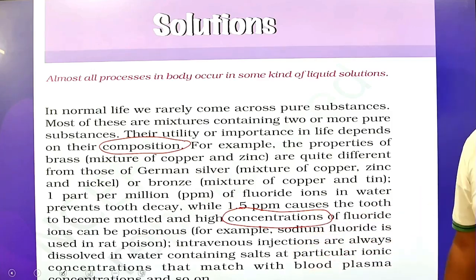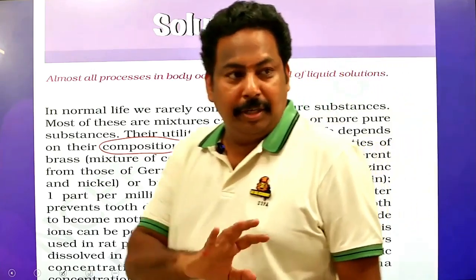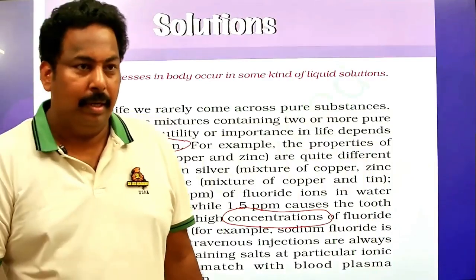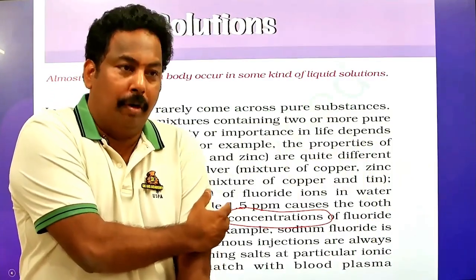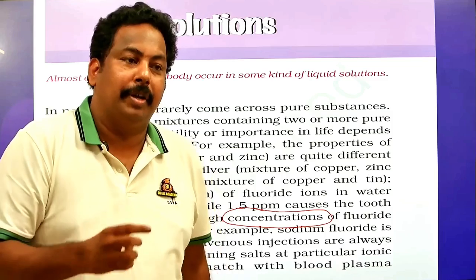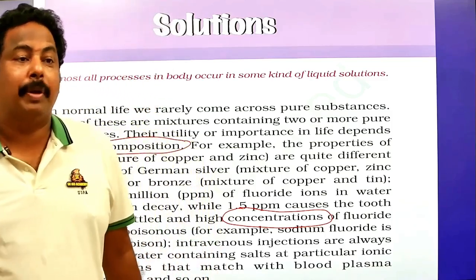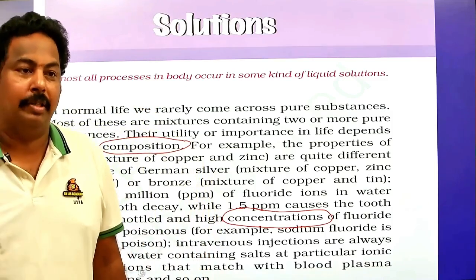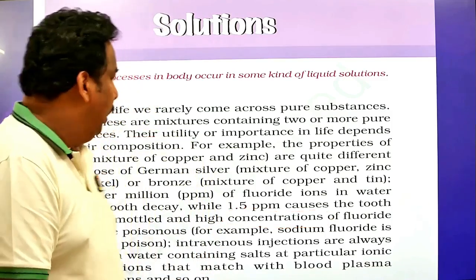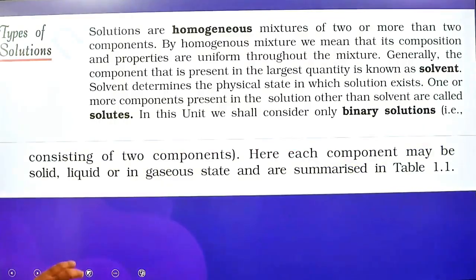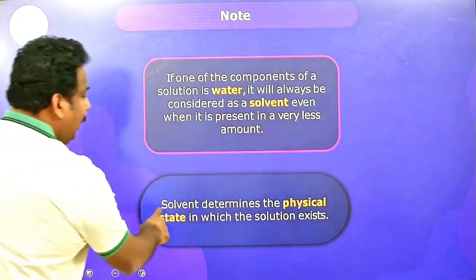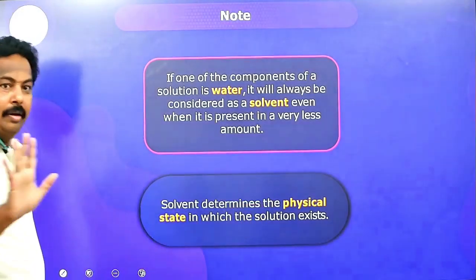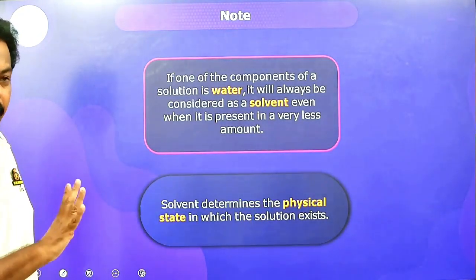I explained intravenous injections, also volume by volume, and also parts per million, like 1 part per million with fluoride concentration. After that, solvent determines the physical state, we studied.